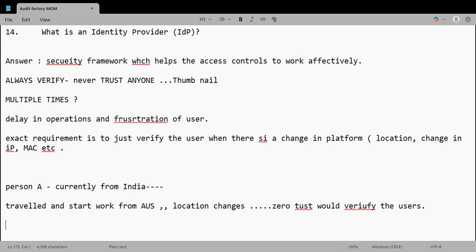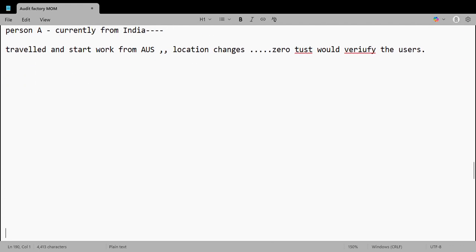Second example: during traveling, let's assume that the asset of that user is stolen.